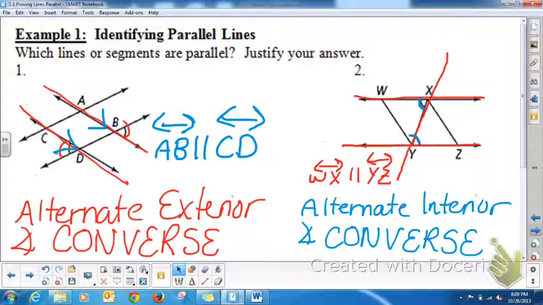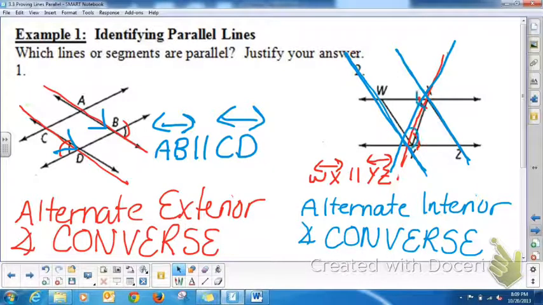We know that WX and YZ are parallel because of the alternate interior angles converse theorem. Converse is the important word here. How about this pair? Can you prove that XC is parallel to YW? If they're cut by this transversal XY so that their alternate interior angles are congruent, are they also parallel?